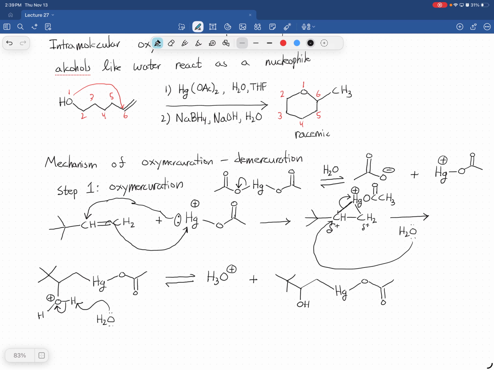All right, that's step one. The mercury's still there though. So the second step, you get rid of the mercury. They actually don't show you this mechanism in the textbooks, but it is known, and I'll show you what it is.